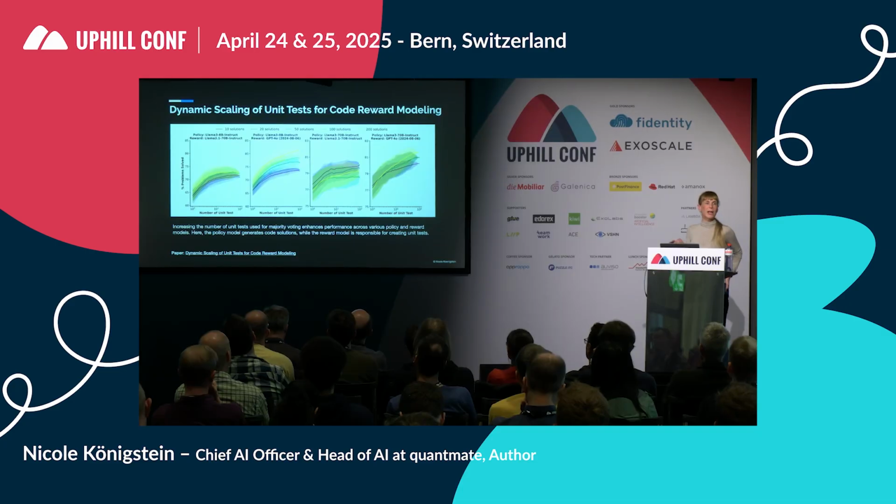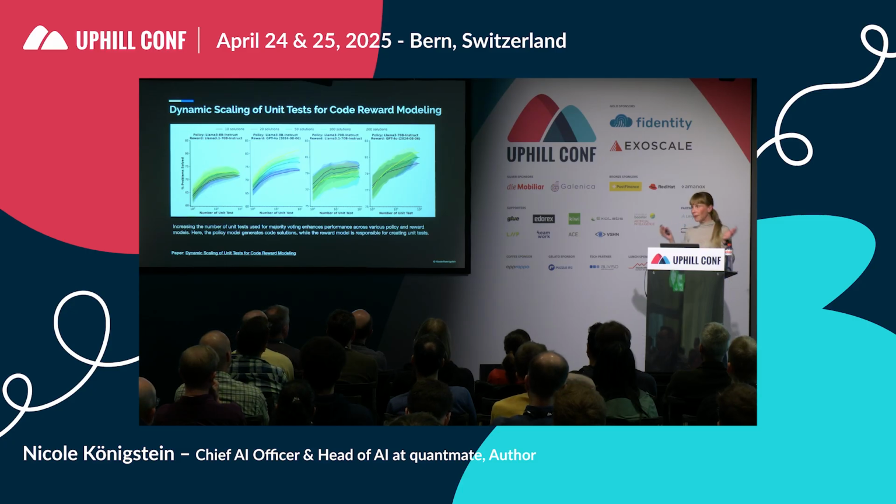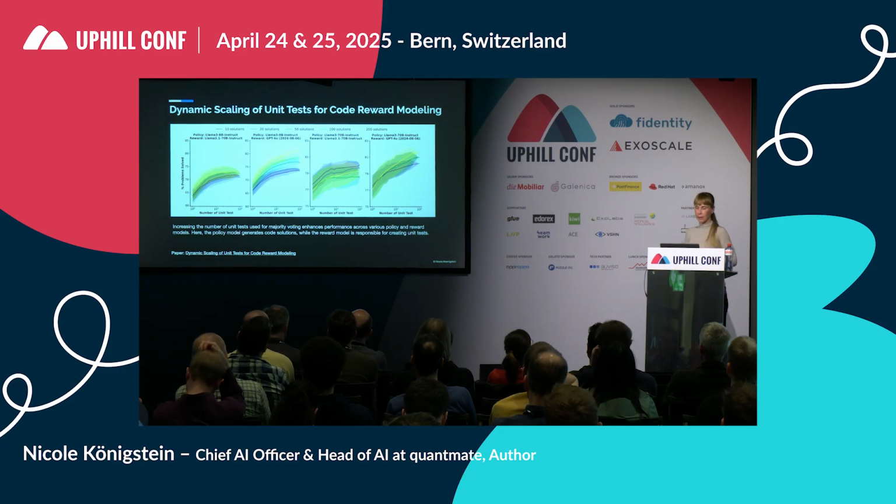So you don't have to write them yourself anymore. I don't know how you feel, but this is something I don't really enjoy. You need to think about a lot of edge cases. And if you have a coding model performing pretty well, it's worthwhile looking into it.